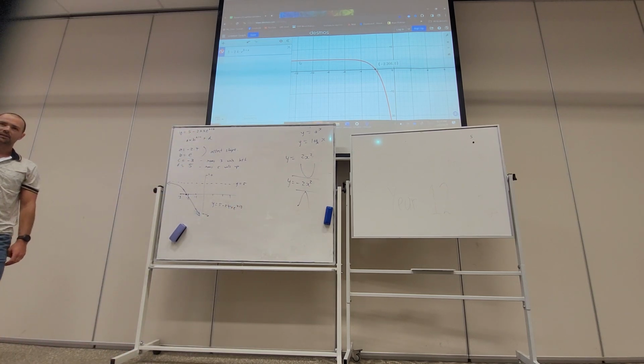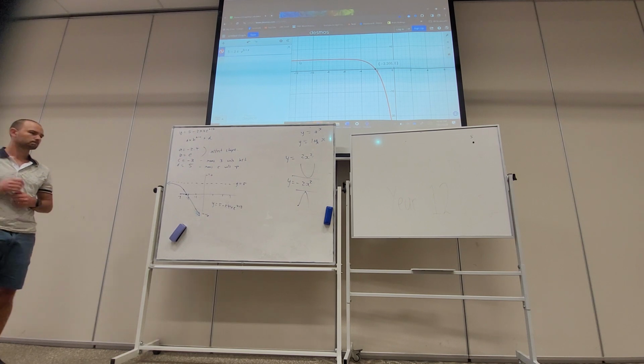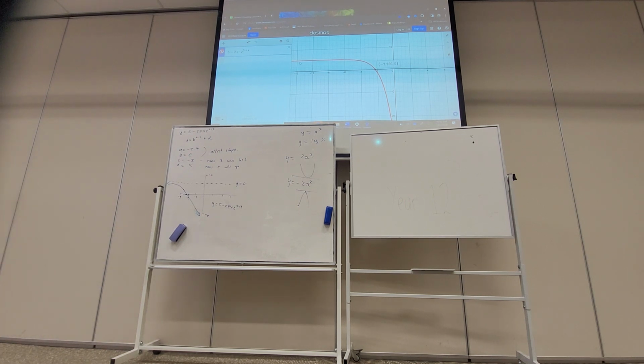Okay, that's especially crucial if you have two functions on the same graph. So we've got a graph, but that'll be fine.